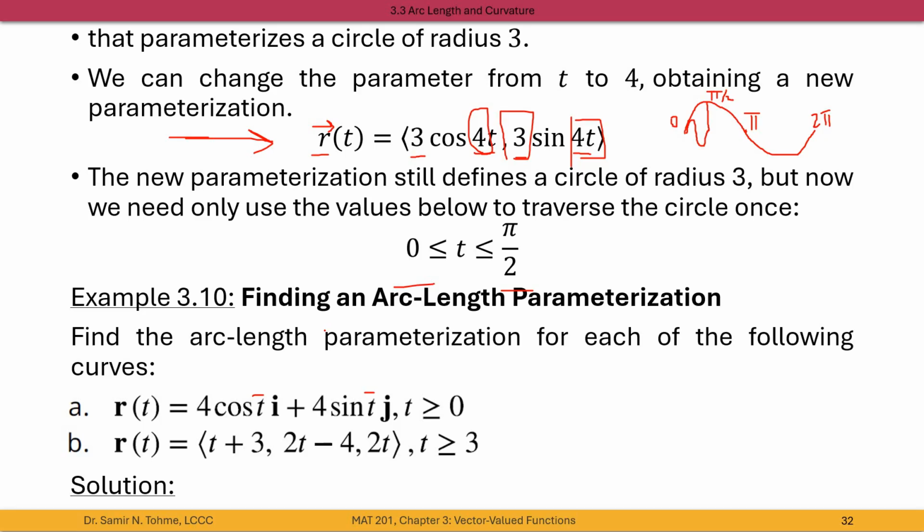Now let's really change the variable and find a new equation that will represent the same curve, the same radius, for example, but of course, the time to finish this whole curve will be maybe more or less.